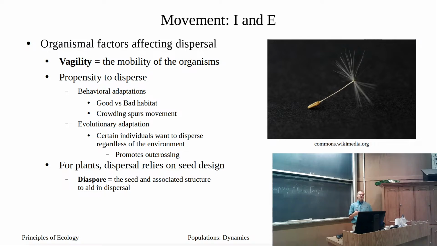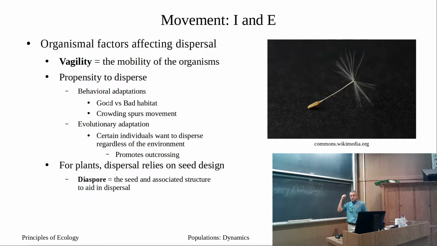All right, so what's going to affect our propensity to disperse? Well, one, there's going to be behavioral adaptations. These are tied to our organism sensing the environment, and then all of a sudden something clicks and says, we need to move. So that could be habitat that used to be good, all of a sudden starts becoming bad.